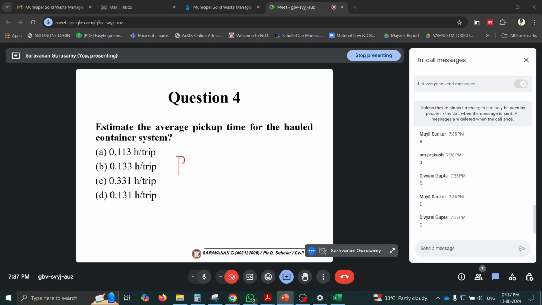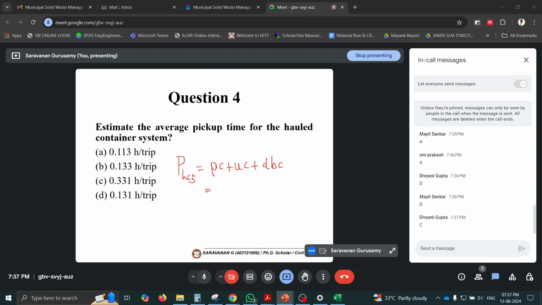Pickup time will be the time required to pick up the container and unload the container, then the time required to travel between the locations, that is DBC.